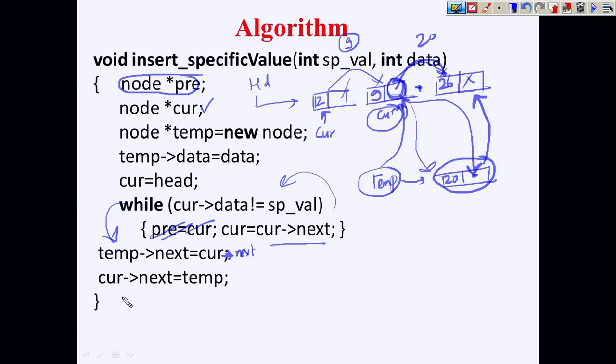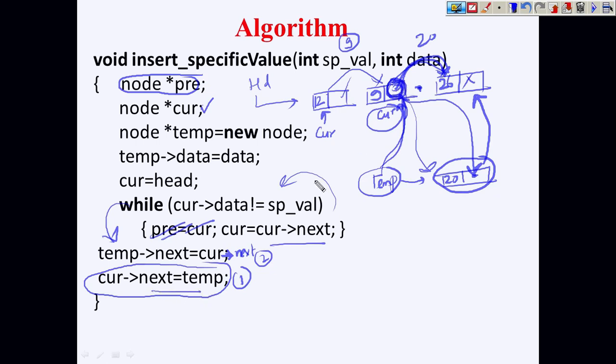If you write current next equals temp first, and this statement second, then your program will not work. Because if you write this statement first, you are going to overwrite this value with this value, which means you have lost the address of this node. Once you write this statement, the previous value is overwritten.